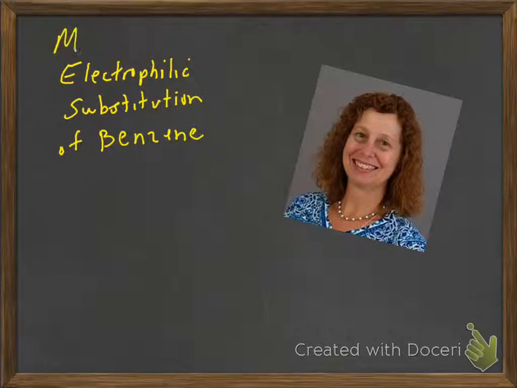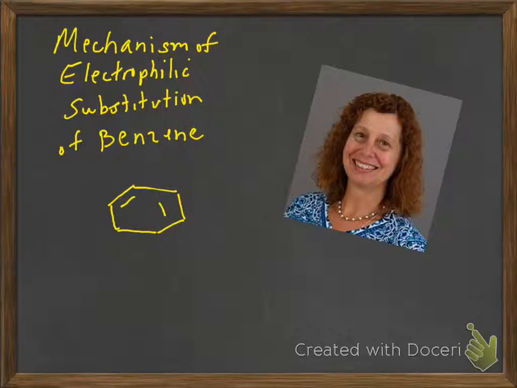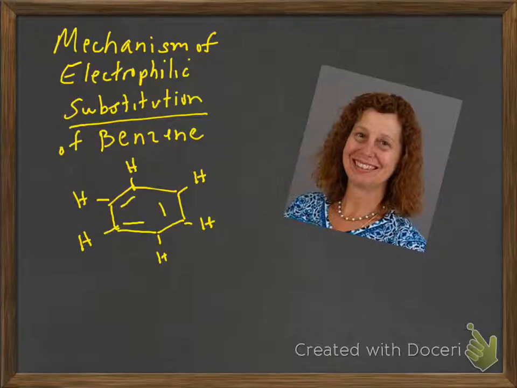And specifically, we're going to be looking at the mechanism, and this is the molecule we're talking about, which is benzene, as we talked about in class. It's a highly unsaturated molecule, and because of its stability, what we see is that it undergoes electrophilic substitution. So the mechanism of electrophilic substitution of benzene.